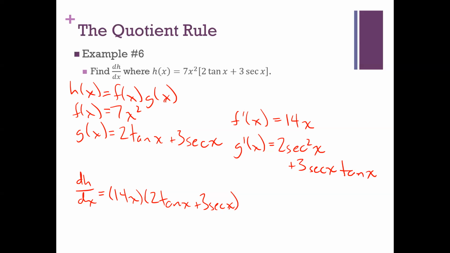So there's the first term plus what? 7x squared times 2 secant squared x plus 3 secant x tangent x. All right.